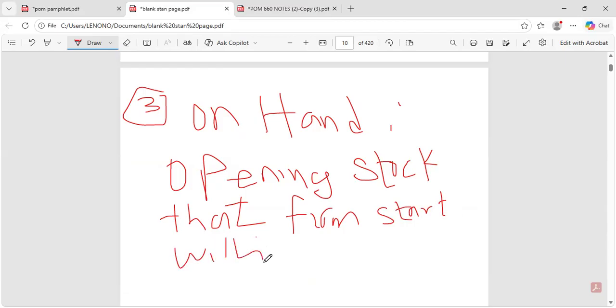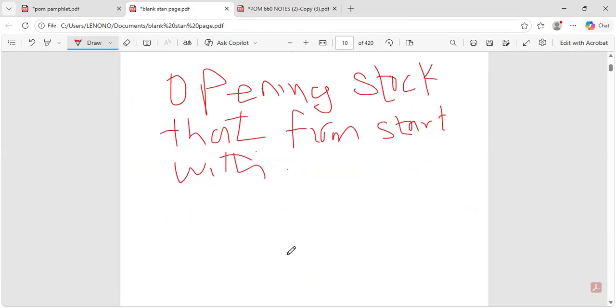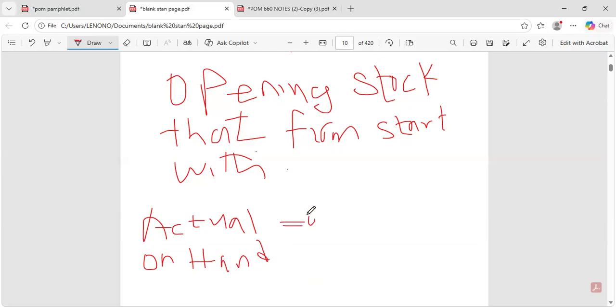Okay, so when you are finding the actual on hand, the actual on hand is equal to on hand plus scheduled receipts that you receive from suppliers minus the GR.